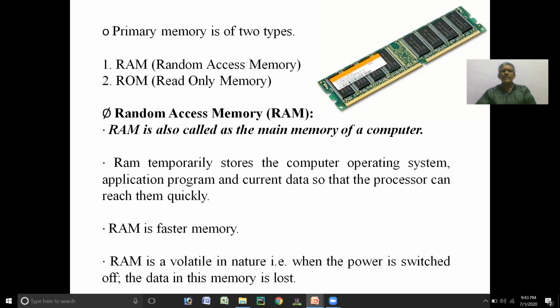If you observe the image here, this image is nothing but a RAM. RAM stands for random access memory, and it is also called the main memory of the computer.